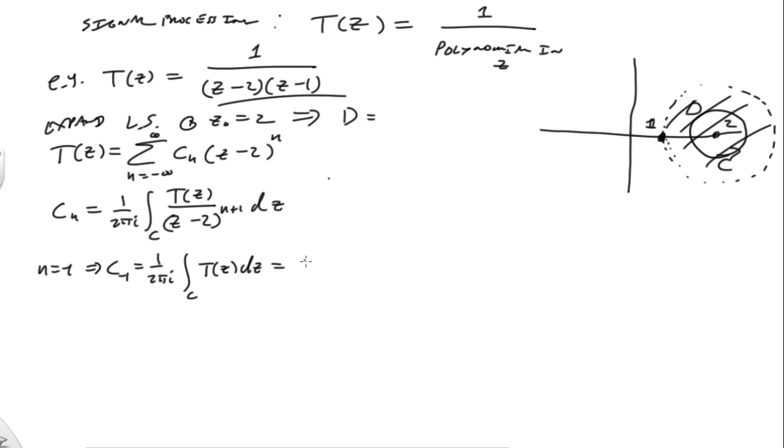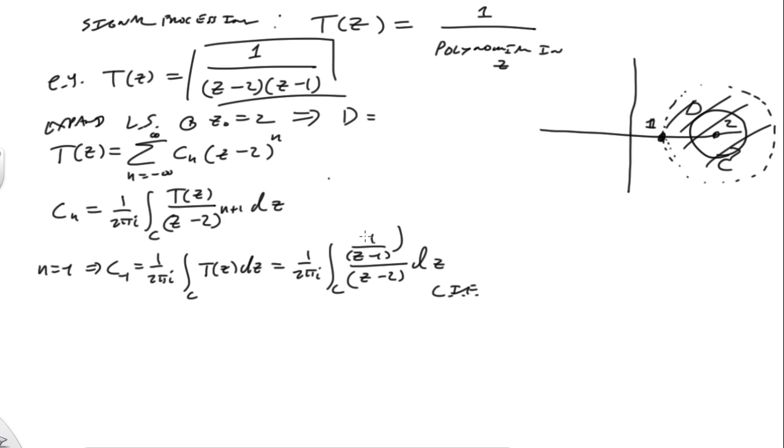Okay, what is that exactly? Well, we can write that down as 1 over 2 pi i integral over C, and we can break this up or refactor it in a different way. We can put that as 1 over z minus 1, all over z minus 2, dz. And of course we know from the Cauchy integral formula that this top part is analytic on D. The singularity point is 1, and we're behind that.